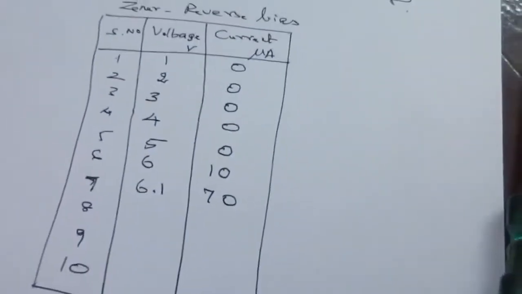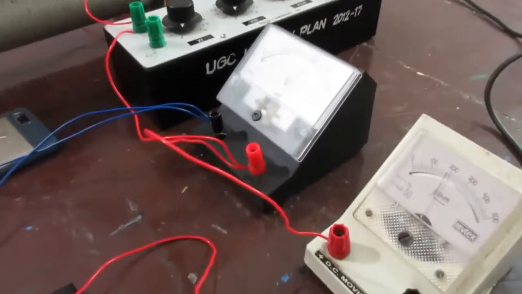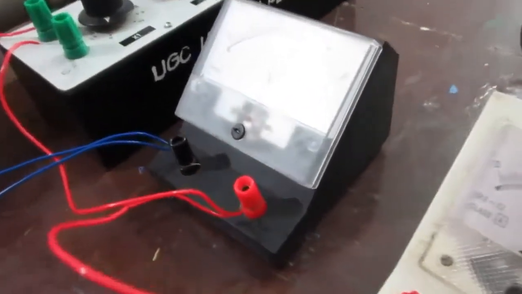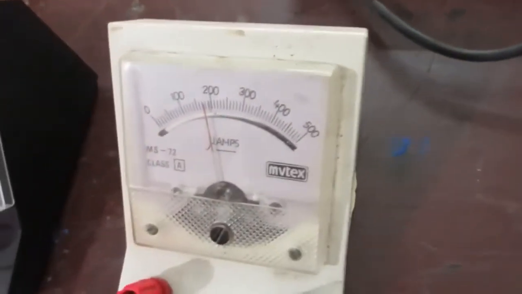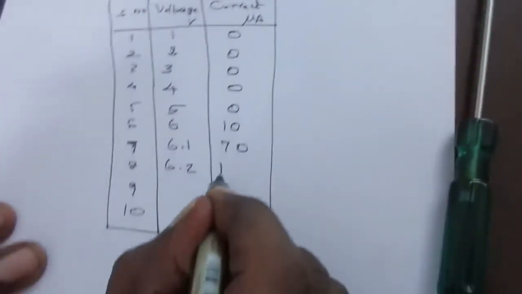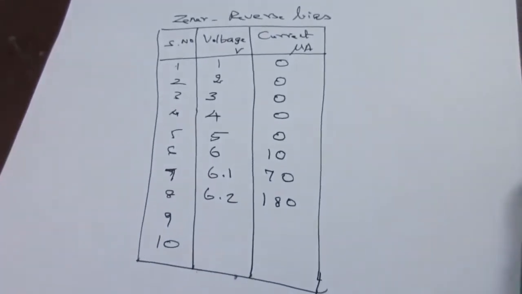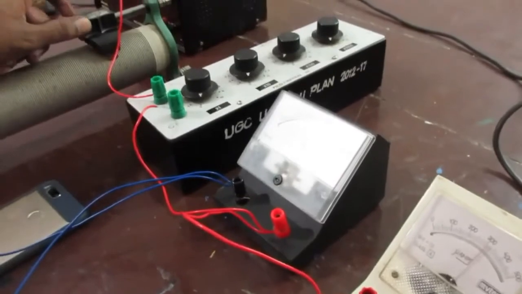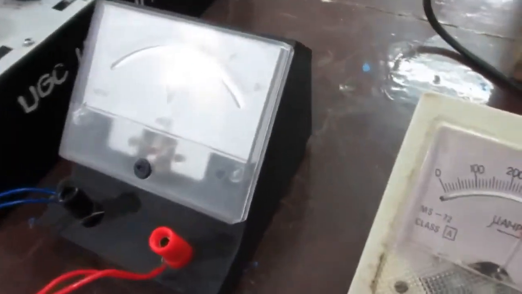Now let us make it 6.2. For 6.2, the current is 180 microamps. Now let us further increase the voltage to 6.3.